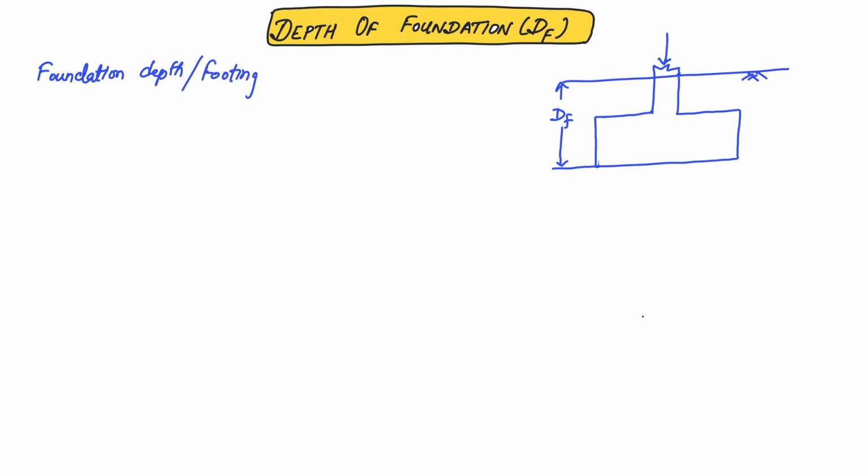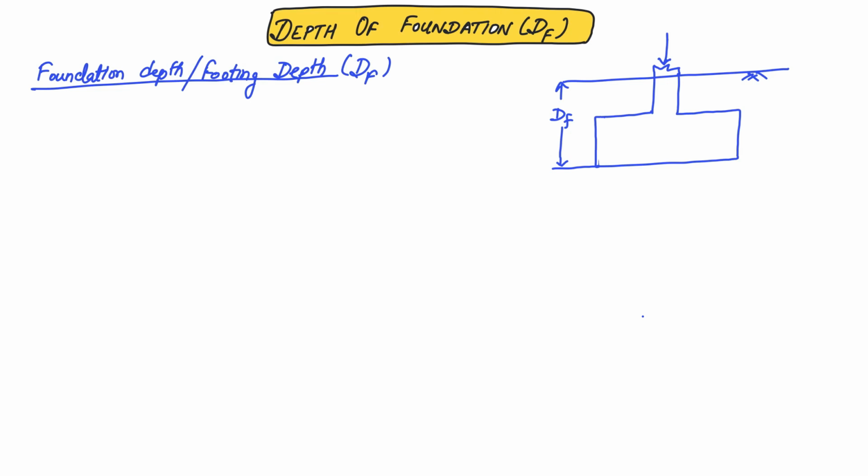So, what are the parameters or requirements that you should fulfill while designing a particular foundation, specifically if we are talking about its depth? Foundation depth is one of the basic factors that control the allowable bearing capacity of a foundation material.